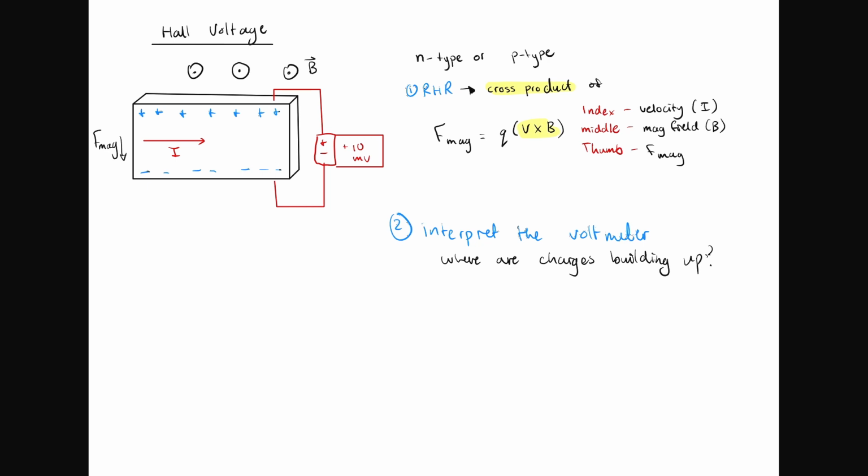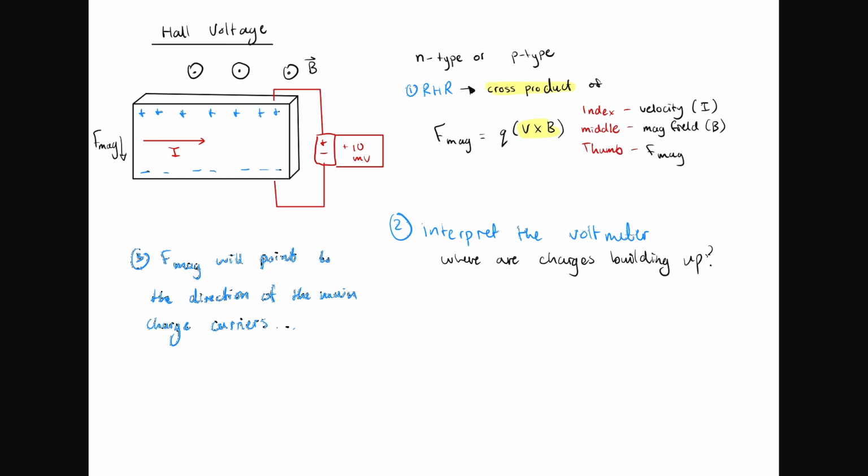Okay, so step 3: F mag will point to the direction of the main charge carriers.